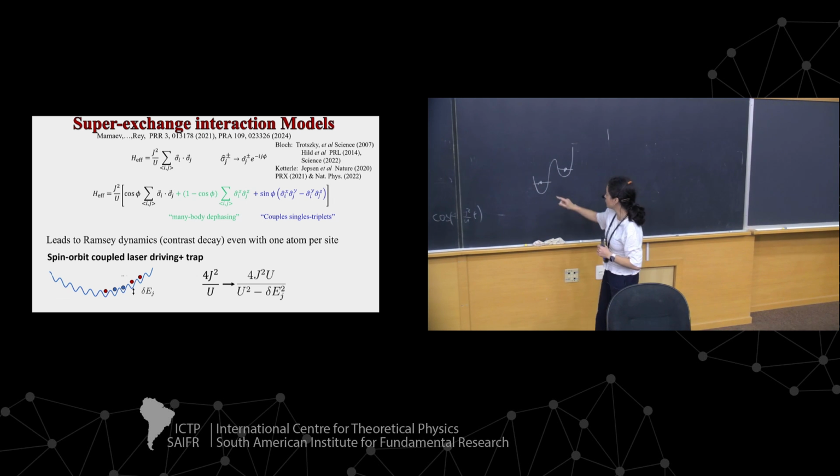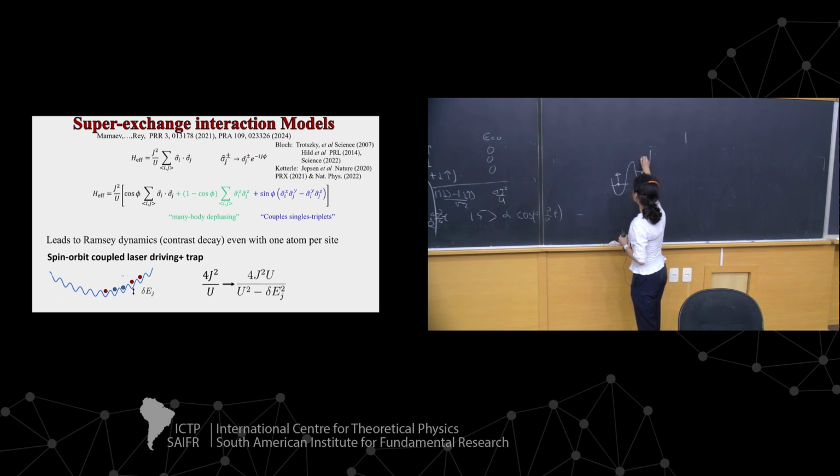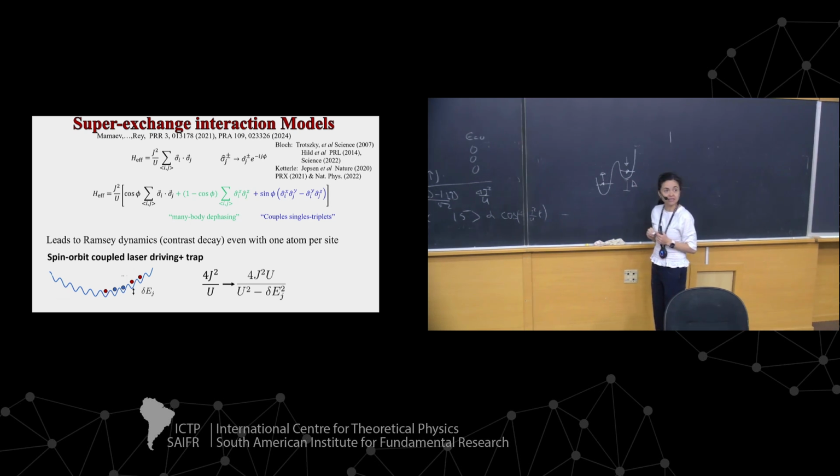What happens? If you have one particle here and one particle here, we are going to see two different processes. Imagine that I have an atom here that is up, an atom here that is down. When this particle hops into this site, what is the change in energy? Let's imagine that this quantity is delta.